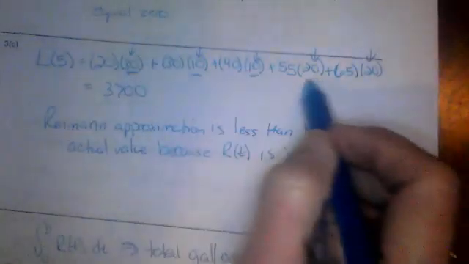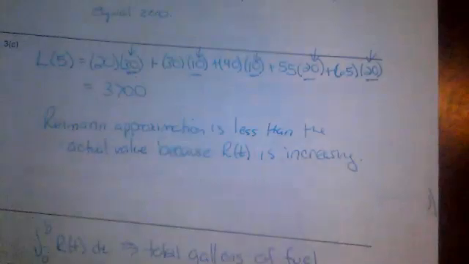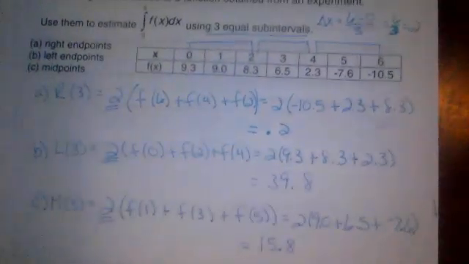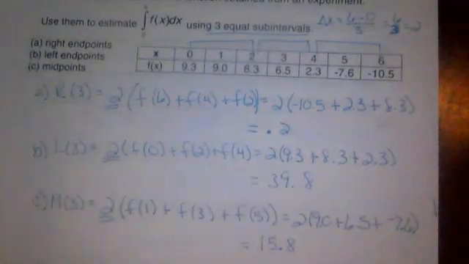These changed every time. So we had to write them all out. Whereas here, since they were the same, we just pulled it out to the front. So don't forget that sometimes those subintervals are not equal.